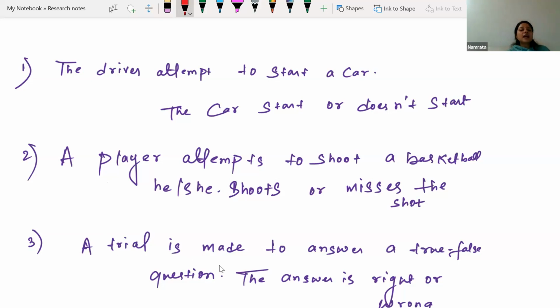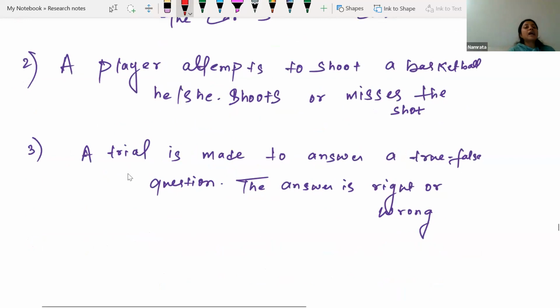Now the next one: a trial is made to answer a true false question. Since a trial is mentioned, anybody, you, me, anyone just sitting and picking an answer, whether we mark it true, the answer is right or wrong. So there is a 50% chance that the answer is right, and obviously a 50% chance that the answer is wrong.